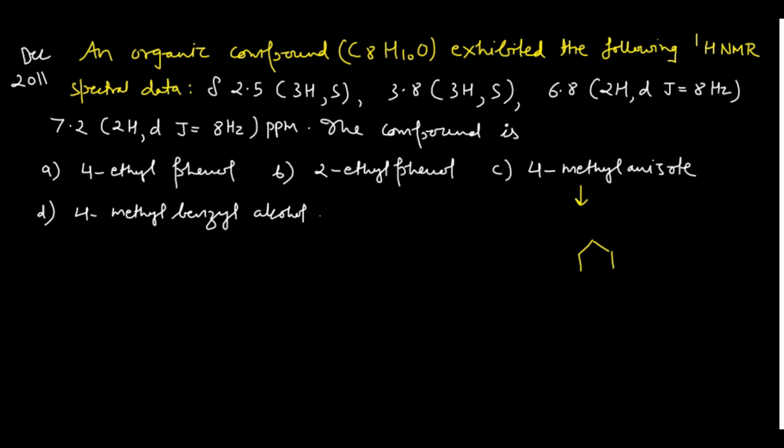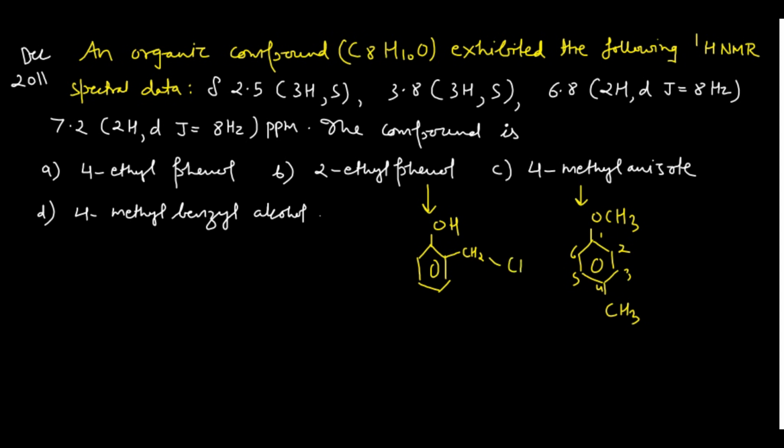So this is anisole, that is OCH3, and at the 4 position you are having CH3. Okay, this is 1, this is 2, this is 3, this is 4, this is 5, this is 6. Then the second structure is 2-ethyl phenol. So you see here, OH is the phenol, and at the 2 position you are having ethyl.